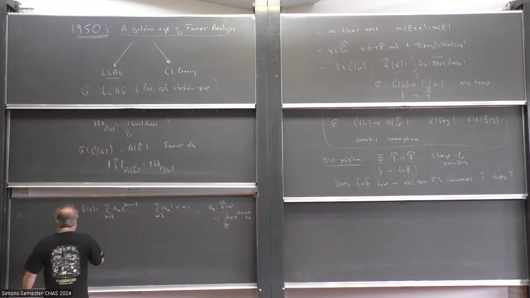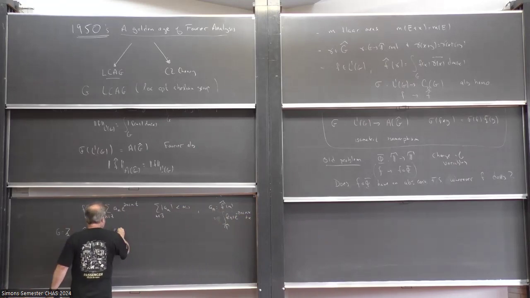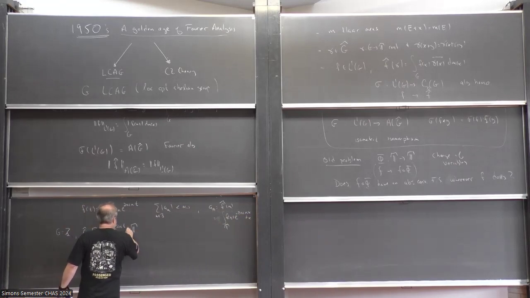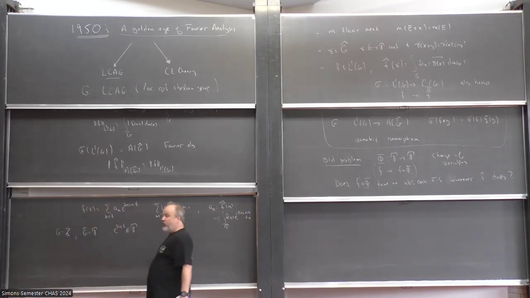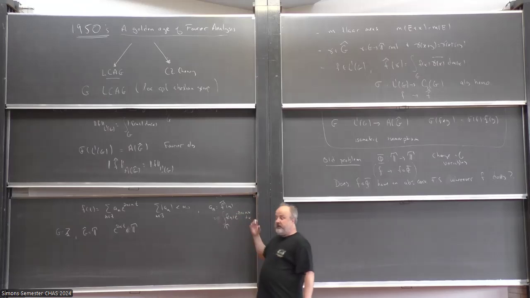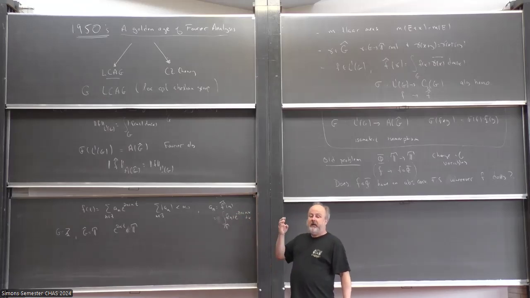So what is the dual? The dual is the circle group. Let me be specific. If I take an element e to the 2 pi i t, this is an element on the circle, a complex number of modulus 1, I can identify it with a real number t mod 1.